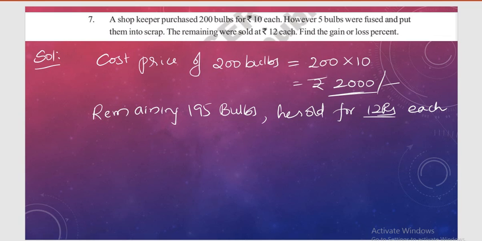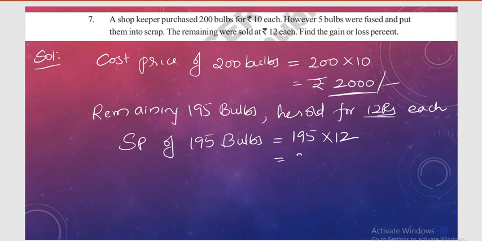So here this is the selling price of 195 bulbs. So selling price of 195 bulbs is equal to how much? 195 into 12 is nothing but 2340 rupees. Now if you observe, this is selling price and this is cost price, right?